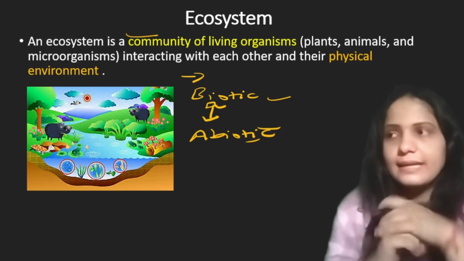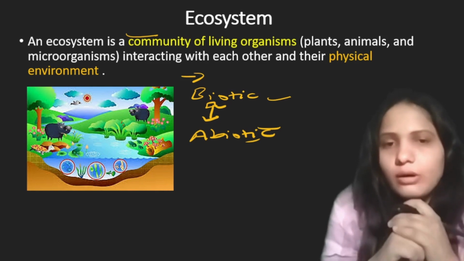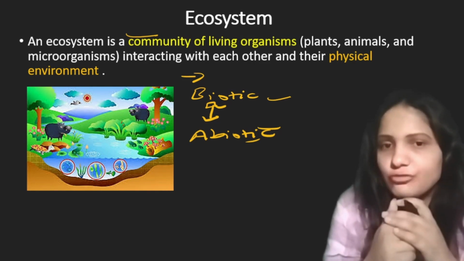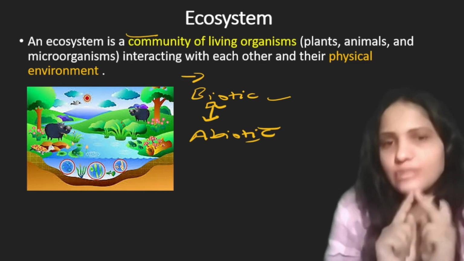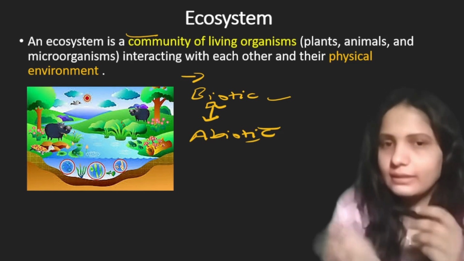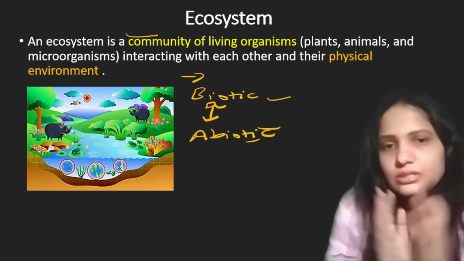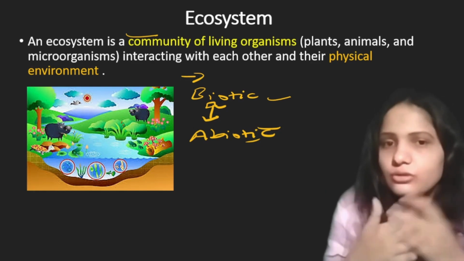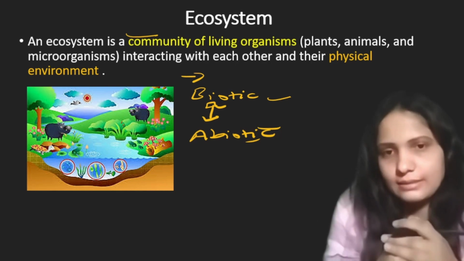So we can say that whenever any organism performs a function, it will affect its surrounding as well, and as there is any change in surrounding, then that change will affect an organism.